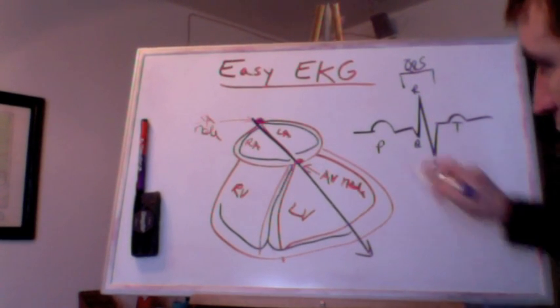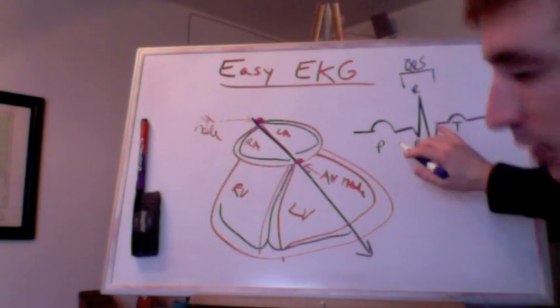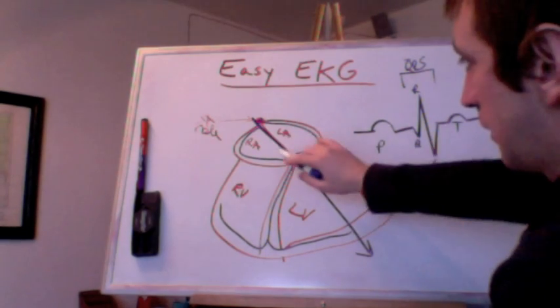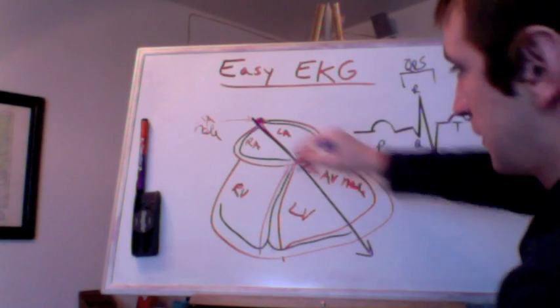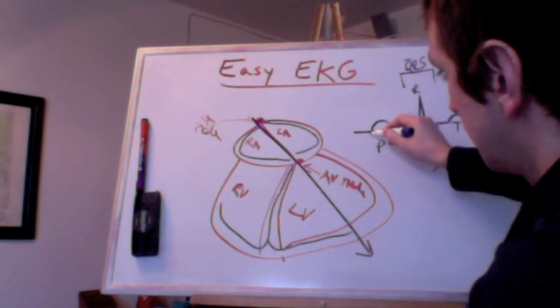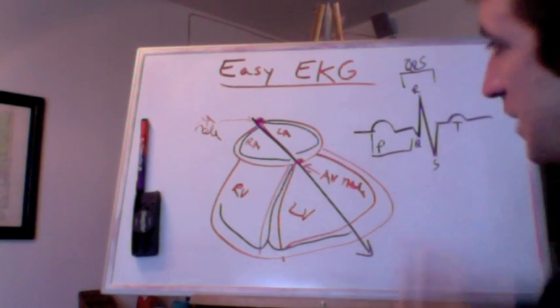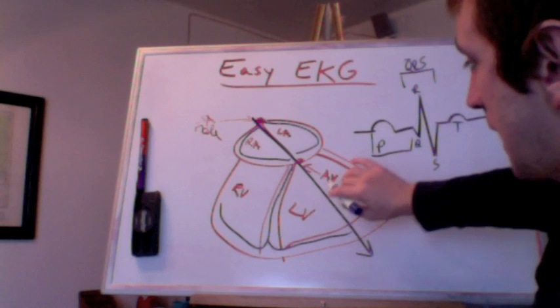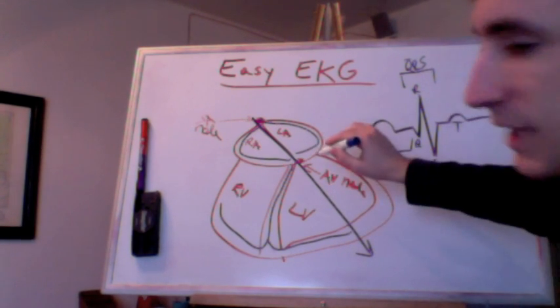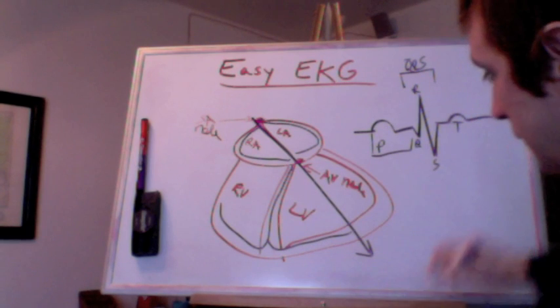Essentially, the P wave is when our atria are depolarizing. Our SA node sends a depolarization down into the muscles. So from here until here is our depolarization in the atria. Once we hit the AV node, that AV node is going to take that signal and say, okay, I'm going to send my electrical depolarization into the ventricles.